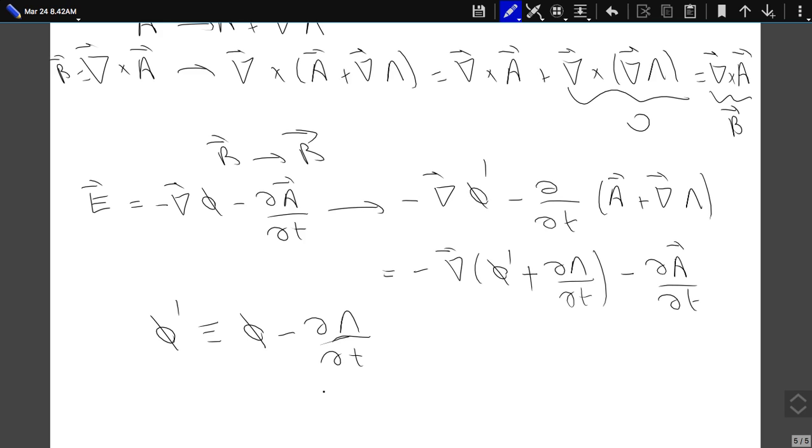Well, the Coulomb gauge simplifies our life, mainly because it decouples the phi equation from A. Any dependence on A disappears in the phi equation, so we can solve the phi equation first, and then put that solution in our equation for A and solve for A. That is the advantage of the Coulomb gauge. Now, in this new gauge, the Lorentz gauge, what it tells me is that it is always possible to find some A and phi that will make this combination 0.